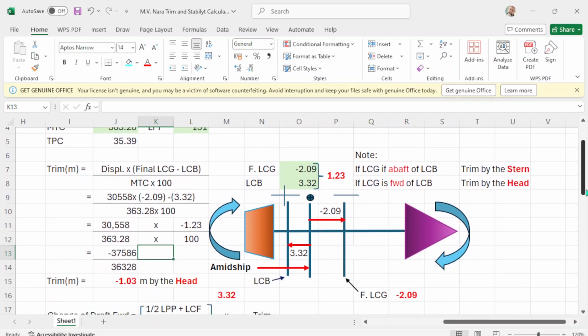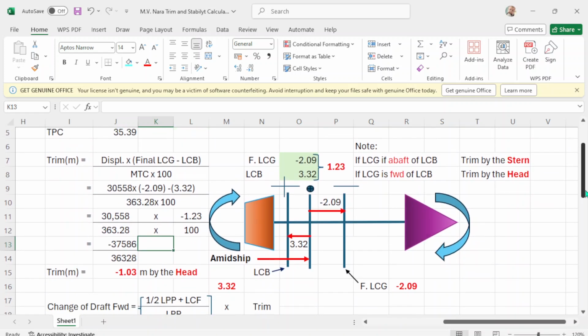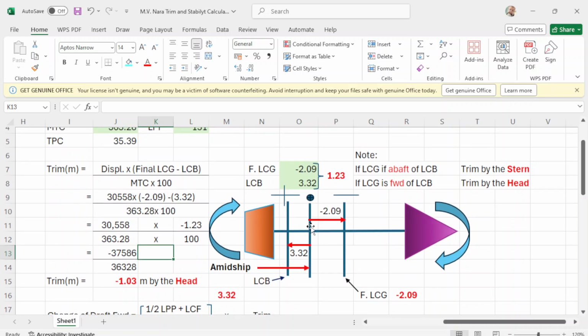So meaning, if you are positive, you should be on the aft part of midship. So 3.32, you measure from your midship going backward, and this will be your LCB. So meaning, final LCG is ahead of LCB. He is not above. He is ahead.